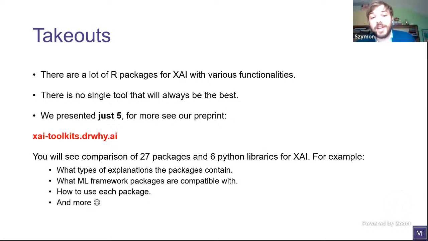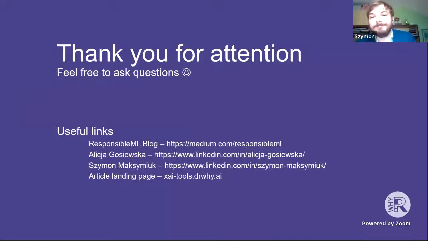Today we've presented just five, but there are a lot more. We encourage you to visit the landing page for our article to see the preprint that will be available under the link tomorrow. And there you will see 27 R packages and 6 Python libraries and a comparison of them. Thank you for your attention.